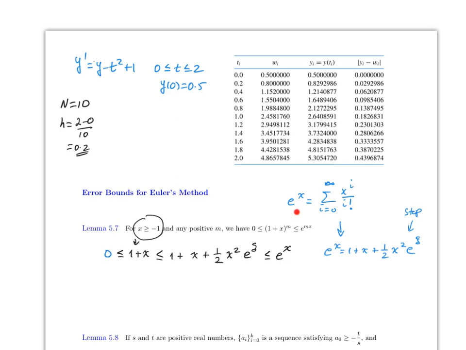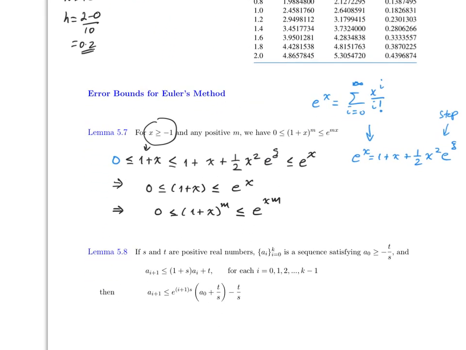Because e to the x is the whole thing going all the way to infinity, and this one we stop only after 2 terms. Well, therefore, this implies that 0 is less than or equal to 1 plus x, and this is clearly less than or equal to e to the x. So therefore, that means that 0 is less than or equal to 1 plus x to the m power, and this is less than or equal to e to the x to the m. And that's it. So that's the proof for that part.